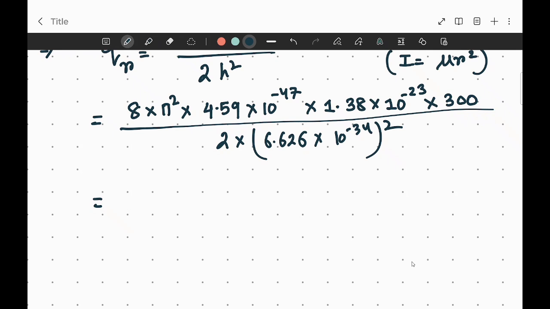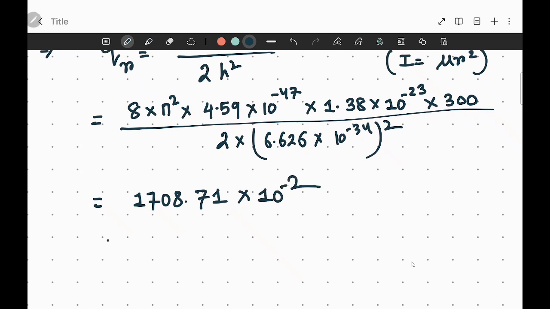It is 71708.71 into now powers: minus 47 minus 23 plus 68 minus 2.